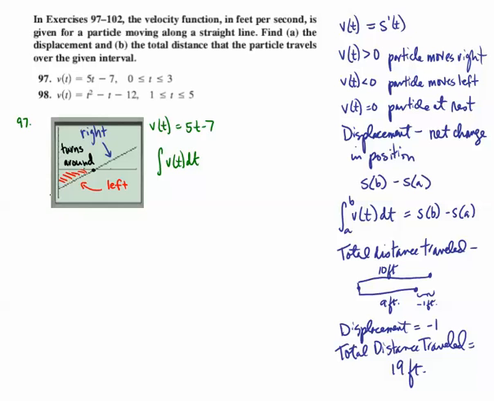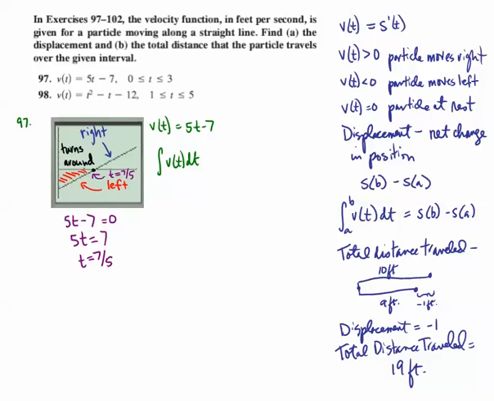Actually, all we have to do is come in here and solve 5t minus 7 equals 0 to see where the x-intercept is. 5t equals 7, t equals 7 over 5. So let's say that that is t equals 7 over 5.